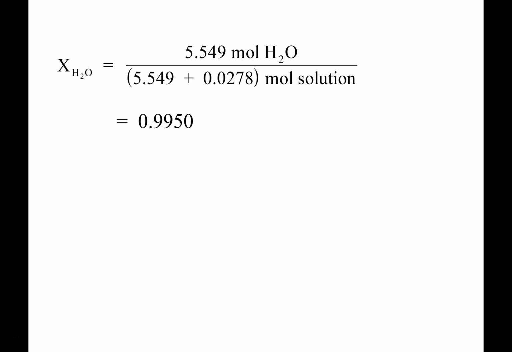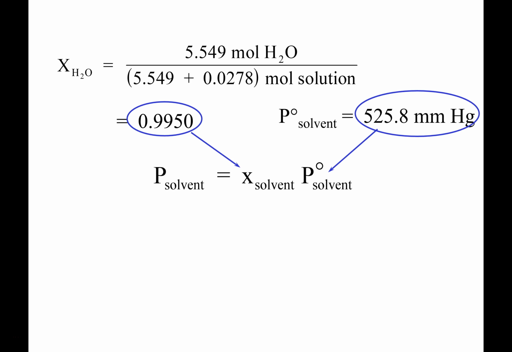So now we plug this into Raoult's law, and it looks like this, where the equilibrium vapor pressure of H2O, or of the solvent, but you can just say H2O if you want to, is equal to the mole fraction, which is 0.9950, times the equilibrium vapor pressure for water in its pure state at that temperature, which was 525.8 millimeters of mercury.